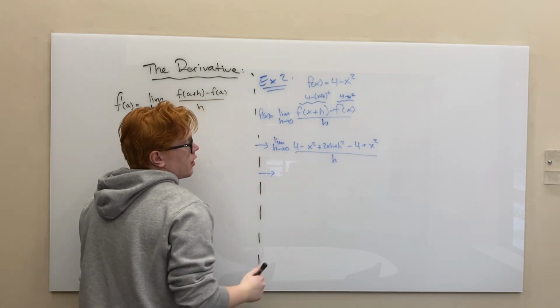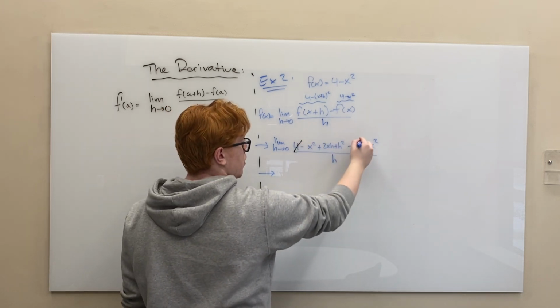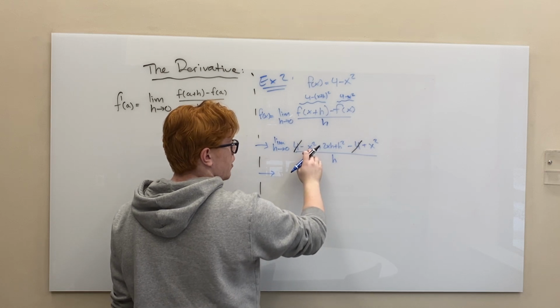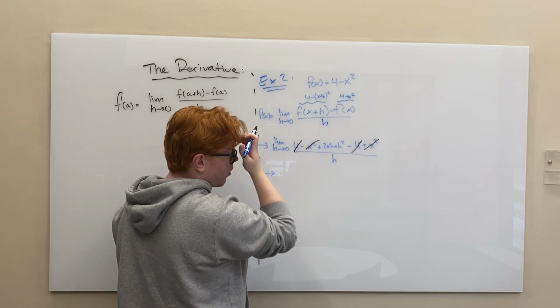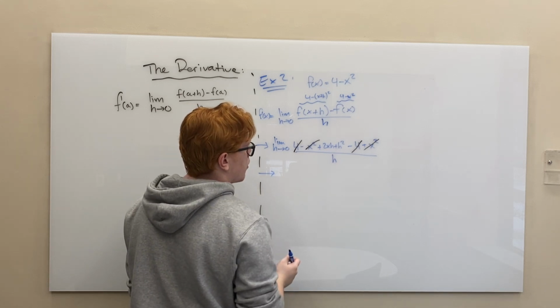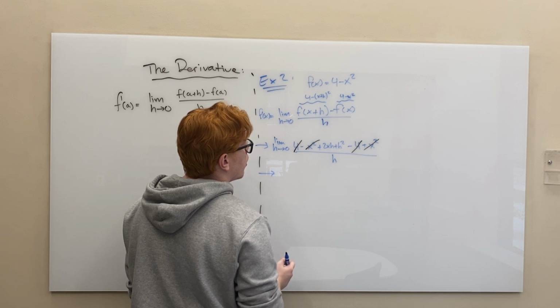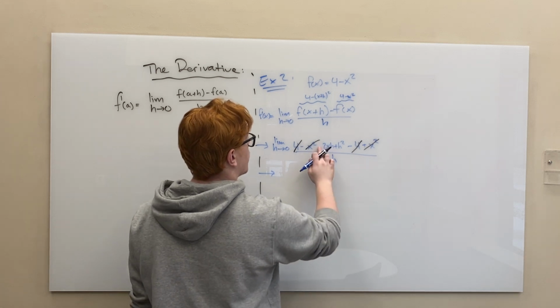Next line. So 4 minus 4, those are going to cancel. Negative x squared plus x squared, those cancel. Oh, something's not right. What did I do wrong?